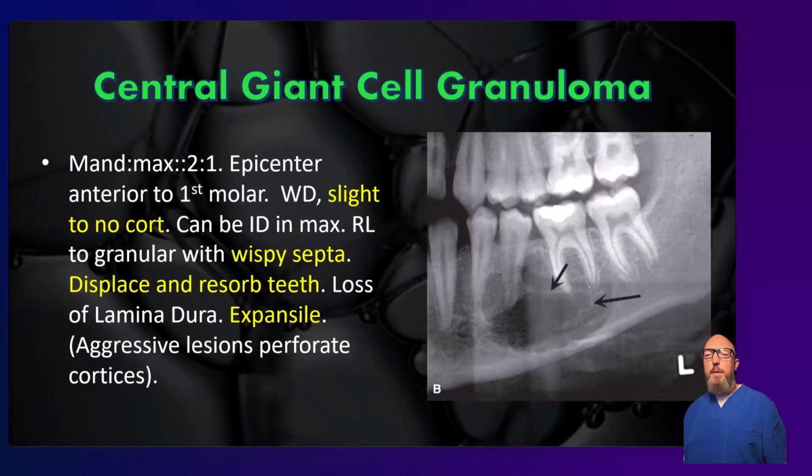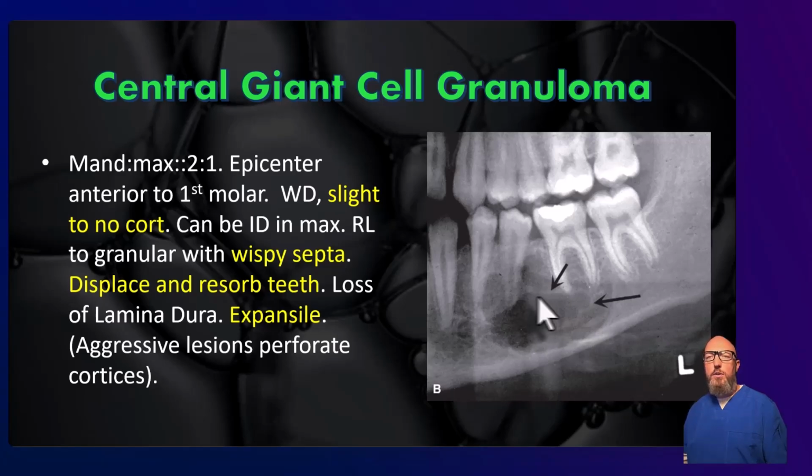And onto our imaging features of CGCGs, more common in the mandible, but not exclusive. This is unique to CGCG as the anterior location. The epicenter is anterior to the first molar. Typically well defined, although it may be similar to myxoma, it might not have that much cortication. As we see in this case here, it's not as well corticated as you see with ameloblastoma. And what do you notice about the septations as well?